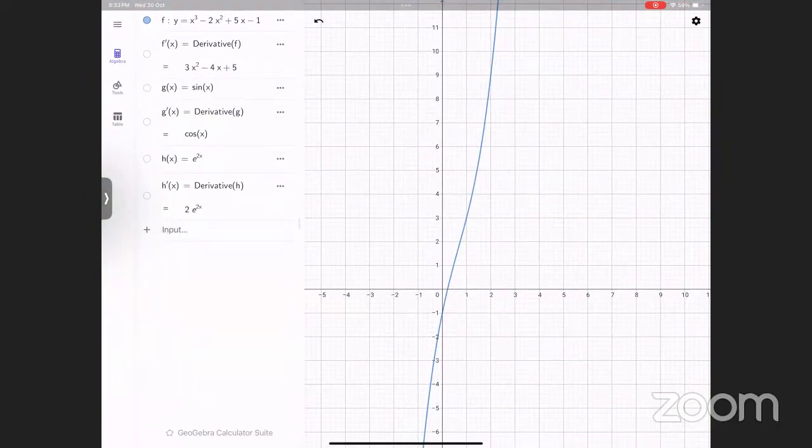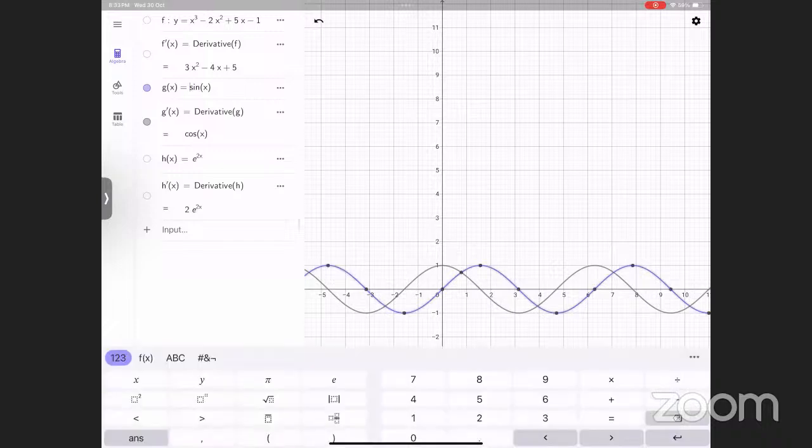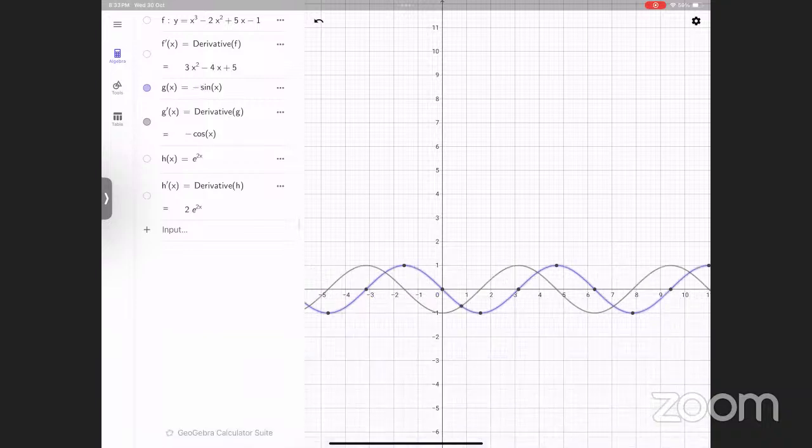So GeoGebra, very convenient, right? Look at that. Sin x, the differentiation, those are the formal writing. I've never taught you the formal writing, g prime, f, whatever, who cares? Look, the differentiation of sin x is cosine x, what you learned just now, correct? I claim the differentiation of minus sin x is minus cosine. So let me do that. Minus sin is minus cosine.